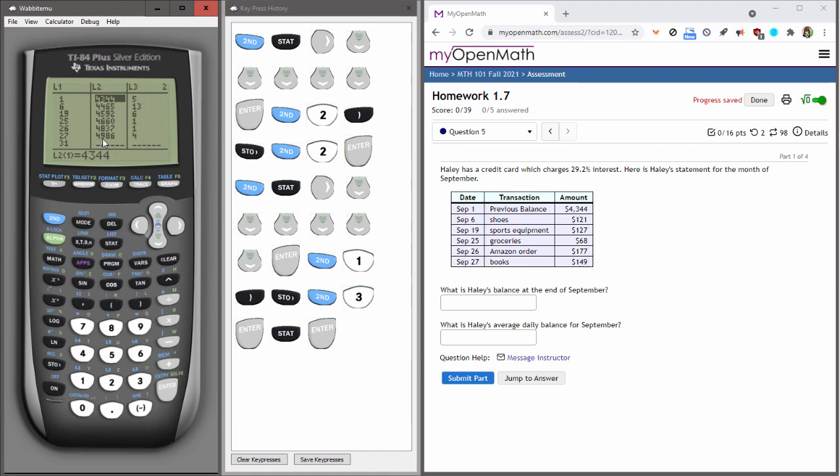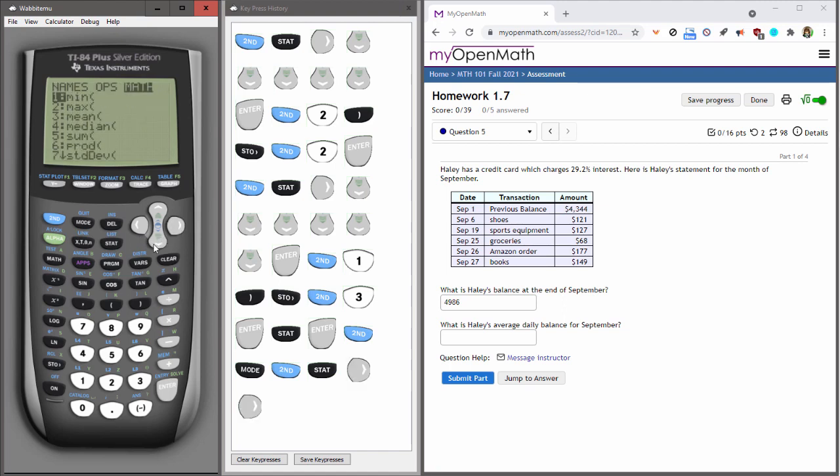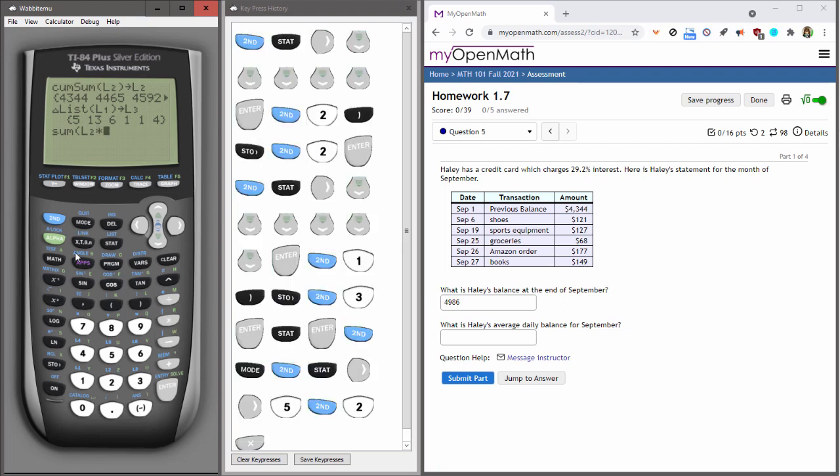So looking at my balances table, I see that my last balance is $49.86. That's Haley's balance at the end of September. To find the average daily balance, I want to take the sum of what I get when I multiply list 2 times list 3.